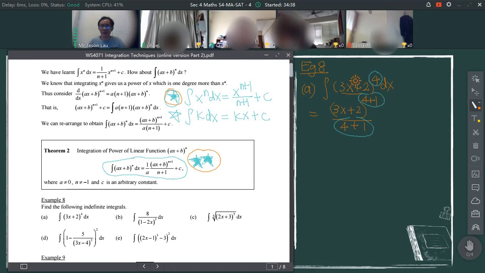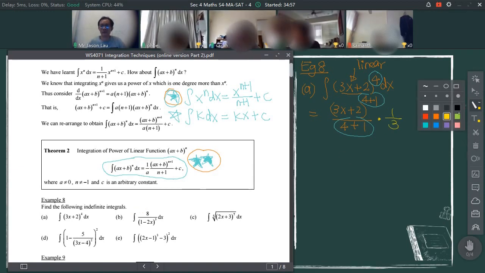It's a linear function, must be linear. If it's not linear, then we cannot do this. Very important. If it's linear, then we just differentiate the 3x plus 2, you get 3. You make it over 3. Then plus c.